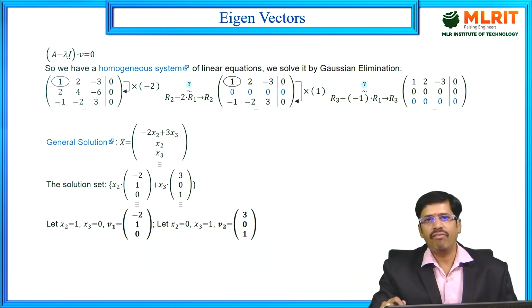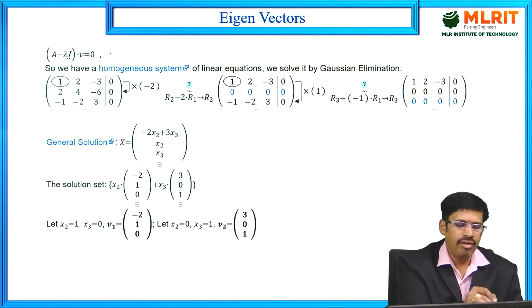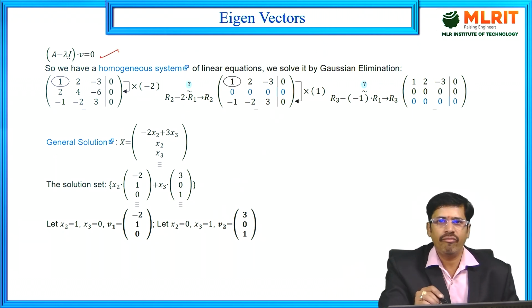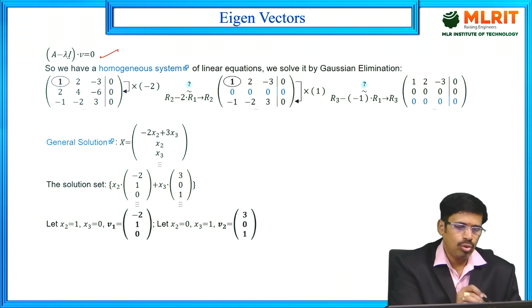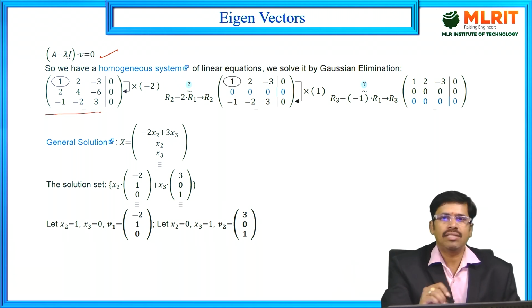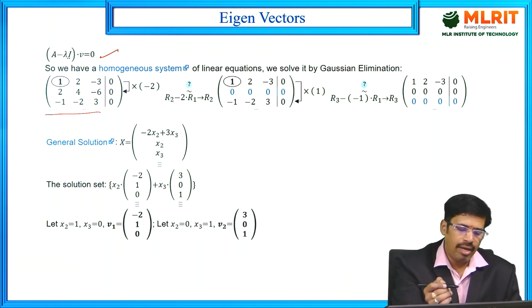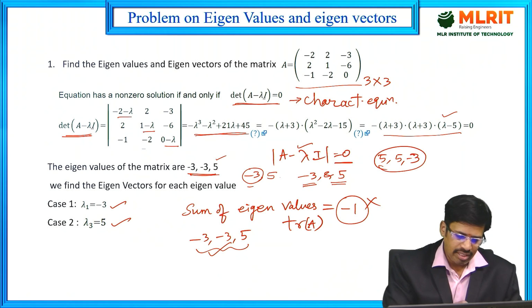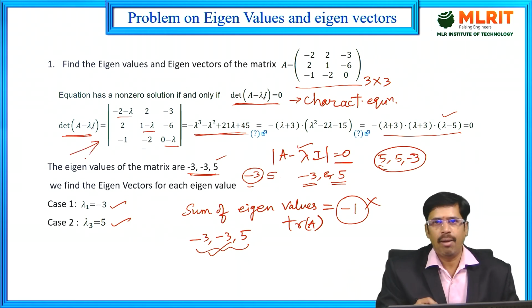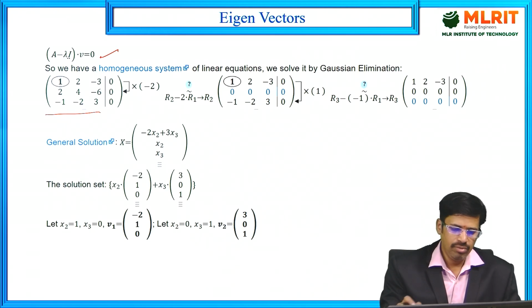To find the eigenvectors, we have to consider the equation A minus lambda I into vector V equal to 0. So in the matrix A minus lambda I, substitute lambda equal to minus 3 for the first case. Here you substitute lambda equal to minus 3 in this matrix, and we get this matrix.